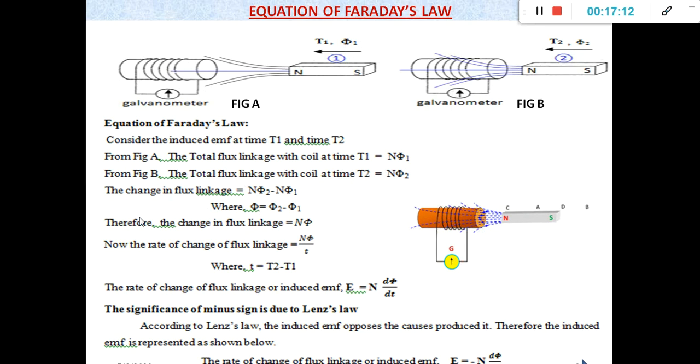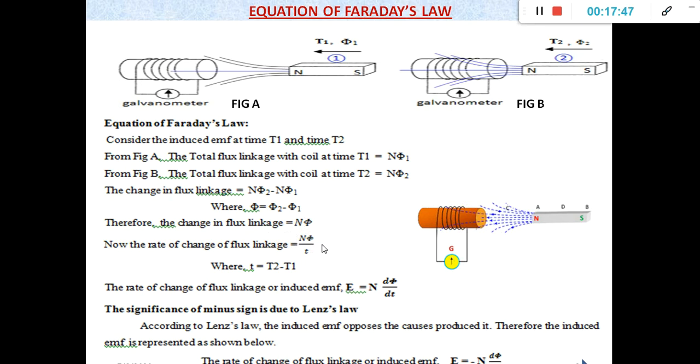That means the change in flux linkage between these two time periods is equal to N phi 2 minus N phi 1. Since the number of turns in the coil is the same, the flux variation d phi is equal to phi 2 minus phi 1. Therefore the change in flux linkage will be equal to N into d phi.